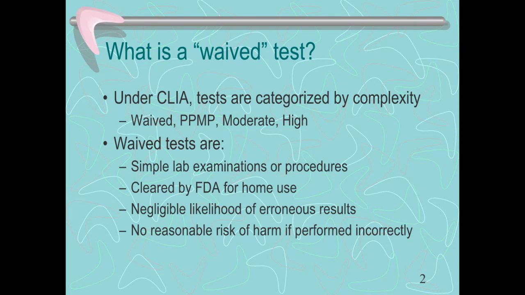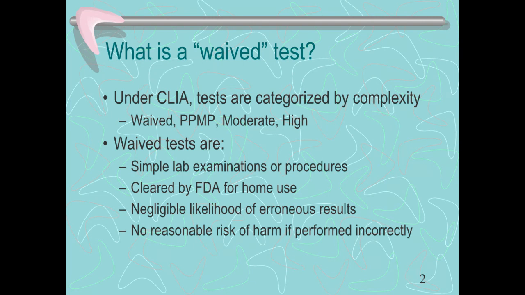There's a very narrow margin of error if they're done according to the directions, and if they're performed incorrectly, there's no immediate risk to the patient. Those are the things that help the FDA determine whether something can be a waived test.